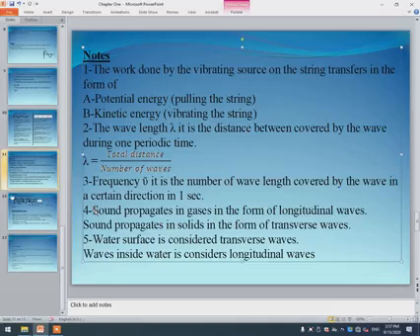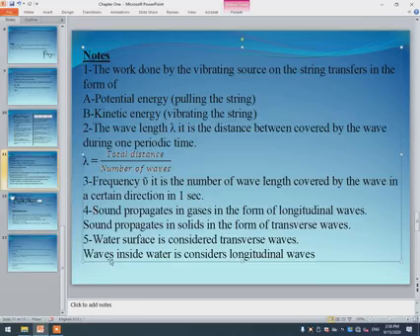What about the water wave? Water wave on the surface of the water, as we said before, makes an angle of 90 degrees with the direction of motion of the molecules. This means that this wave is a transverse wave.